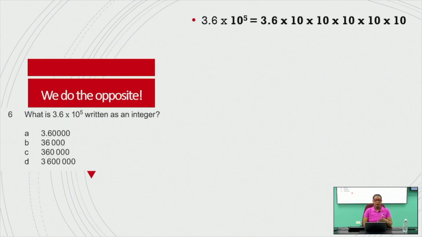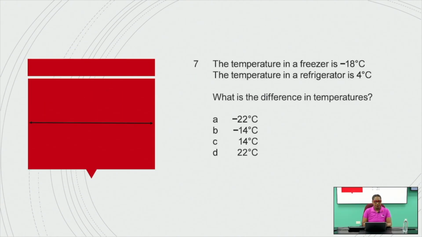Back to the index form, 10 to the 5th power means you're multiplying 10 by itself 5 times. And 10 multiplied by itself 5 times gives us 100,000. Then we're multiplying 3.6 by 100,000, which gives us 360,000. And that would be option C.